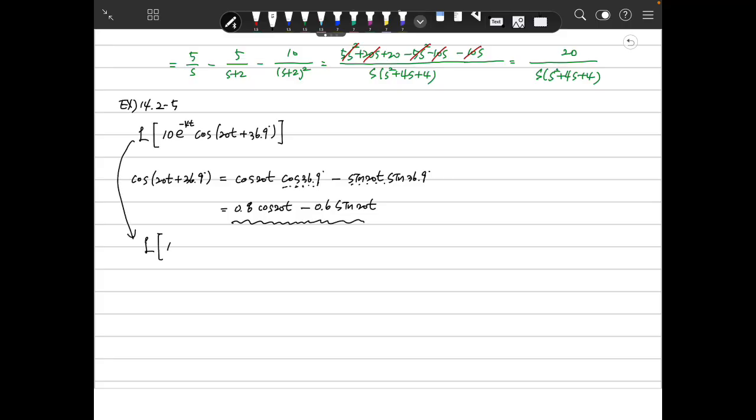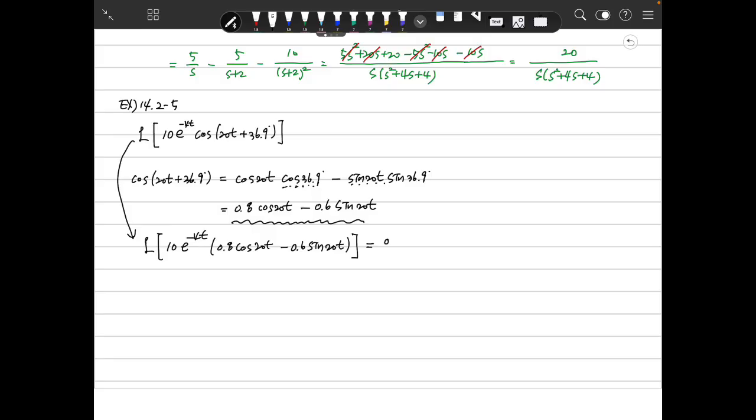So we take the Laplace of 10 exponential minus 4t times 0.8 cosine 20t minus 0.6 sine 20t here. Then we can divide all terms in this manner.